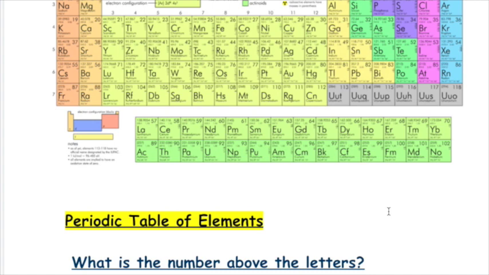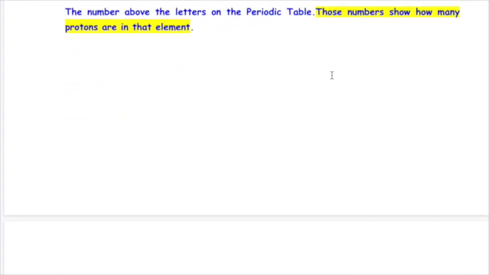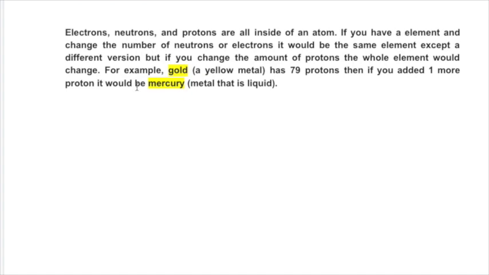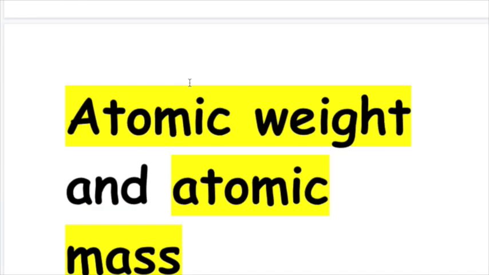I even have one right beside me on my right side, and it doesn't actually say what it is, but I think Hg is mercury. So if we add one proton to gold, it turns into mercury. So look, it says mercury, and mercury is a metal.